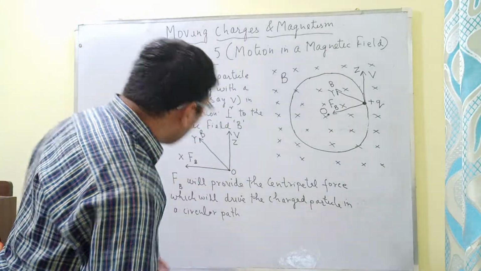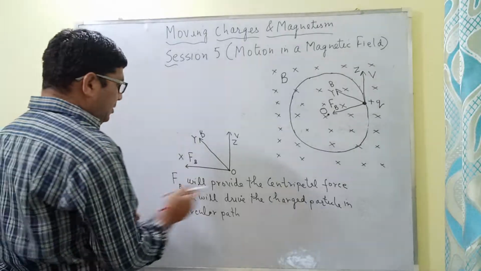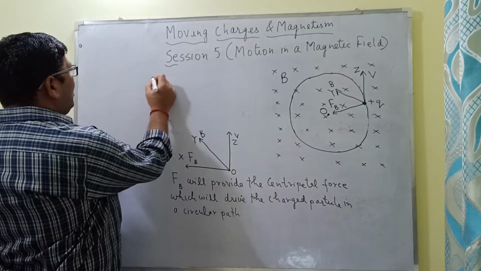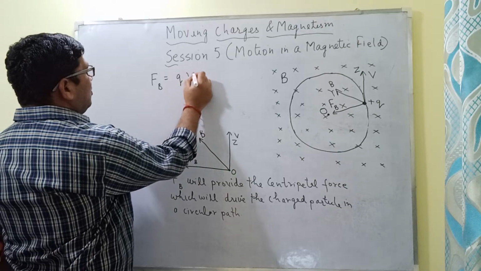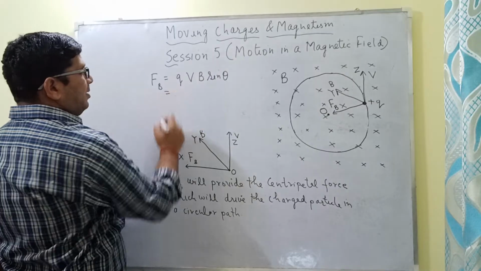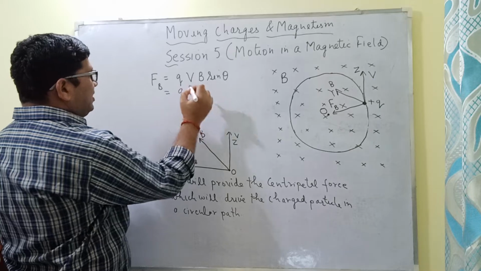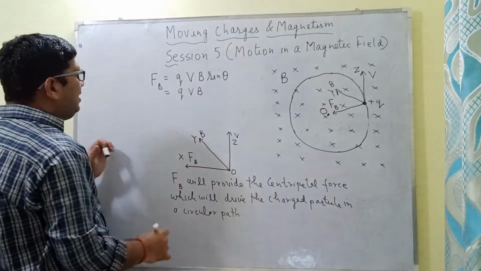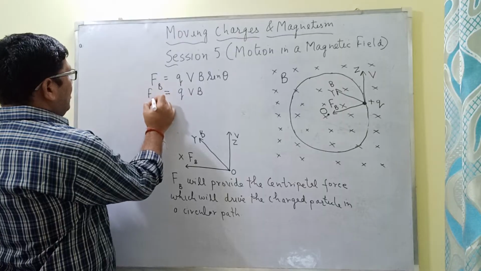Now the centripetal force will be provided by this magnetic force. The magnetic force FB is given by qvB sin theta, so this will be equal to qvB, where v is the velocity of this charged particle, B is the magnitude of the magnetic field and q is the magnitude of the charge.